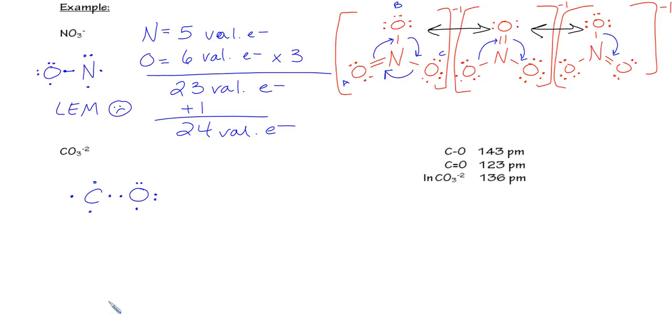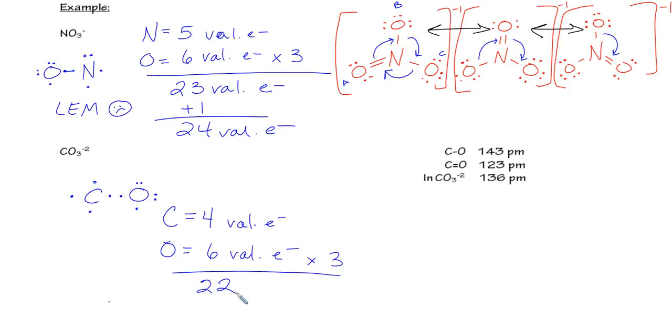If you ever start by doing the proper dot structure and you get stuck, switch to the second option pretty quick, where we're going to count valence electrons. Carbon brings 4, and each of the oxygen have 6. Valence electrons times 3. So that gives me 18 and 4 for a total of 22.